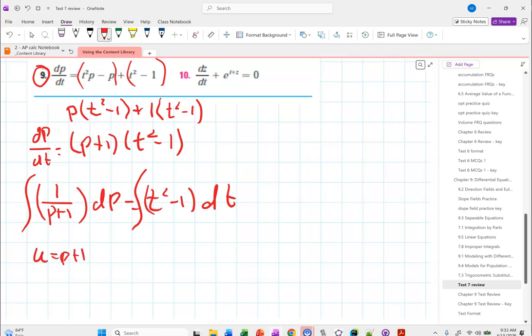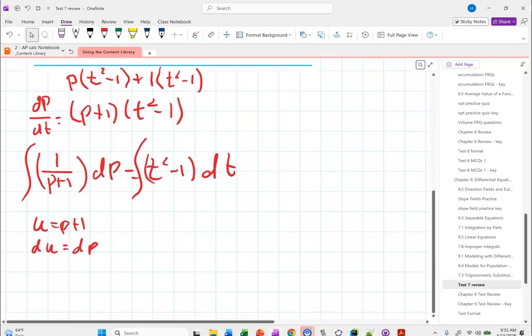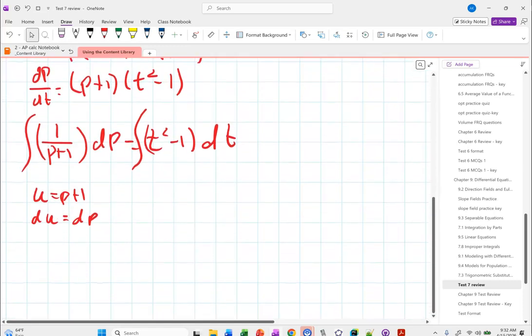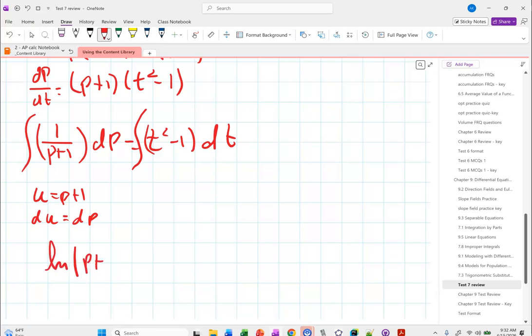But it's about the easiest possible, right? So the integral of 1 over u is natural log absolute value u. And I'm just going to plug the u back in. Everybody's good there? And then the integral of t squared minus 1 is?